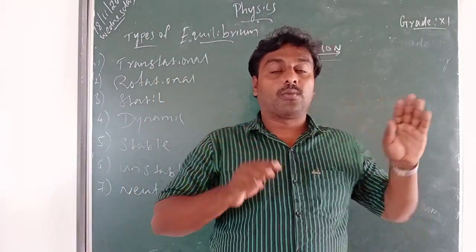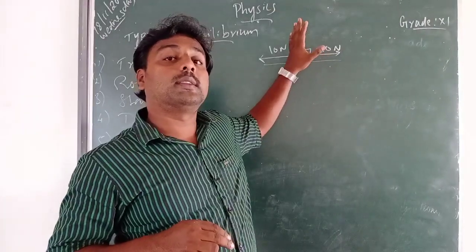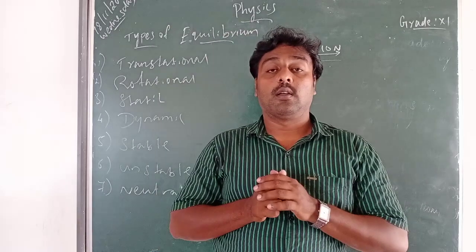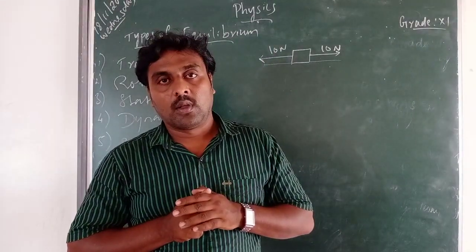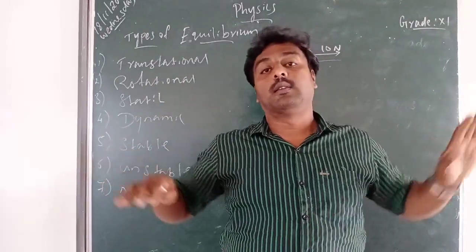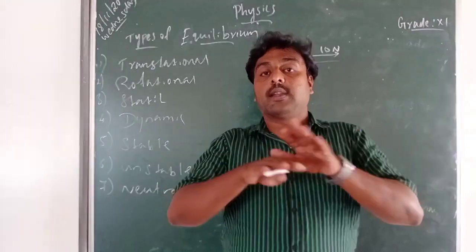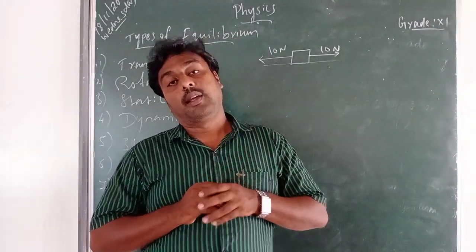So when you and your friend are applying 10 Newton force on each side of this object, what will happen now? The object will not move to this side or that side. That state is what we call translational equilibrium.